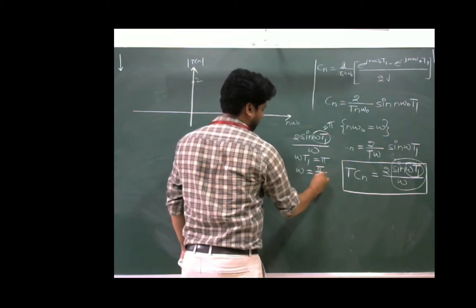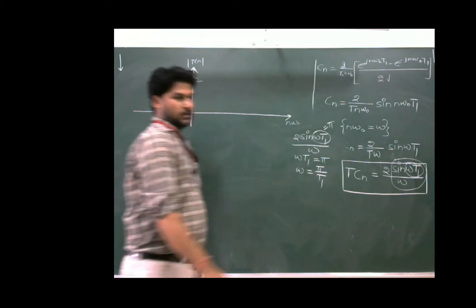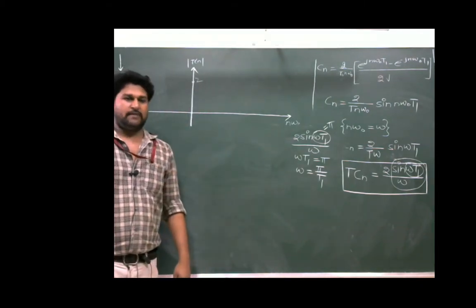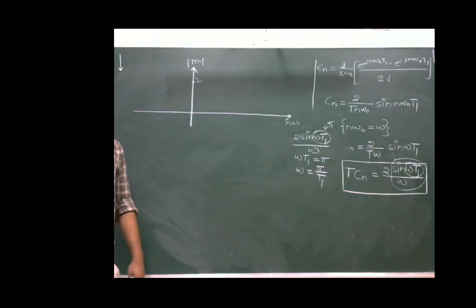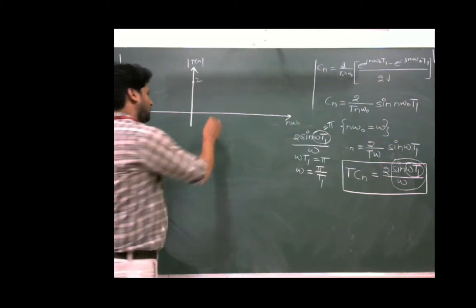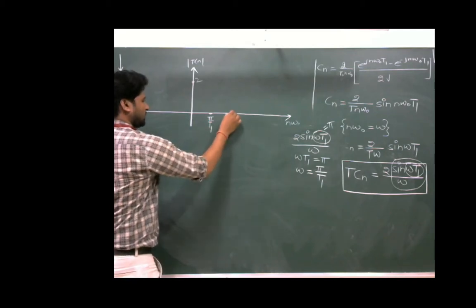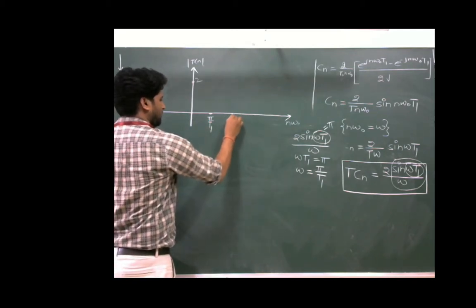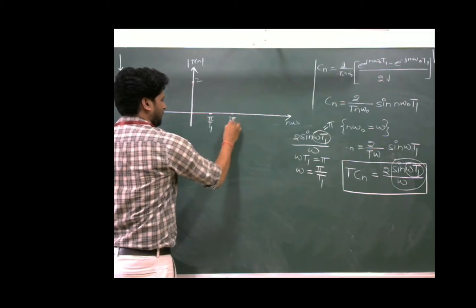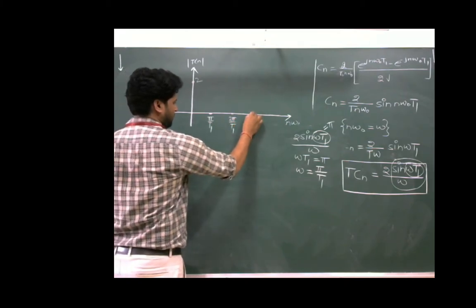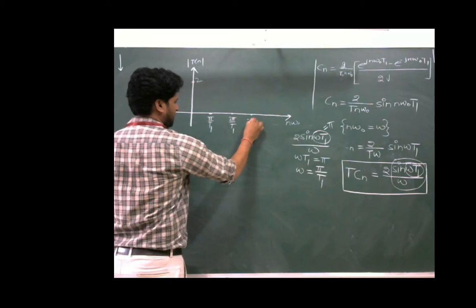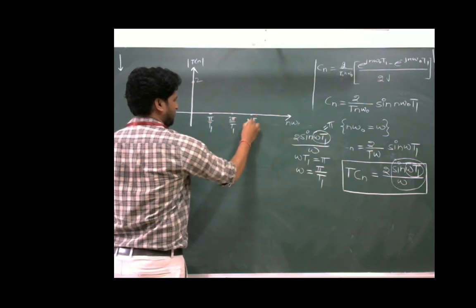It will be equal to pi by t1, meaning at pi by t1 the value of the function will become 0. We will get this here at pi by t1. The second 0 will occur at 2 pi by t1, and the third 0 at plus 3 pi by t1.